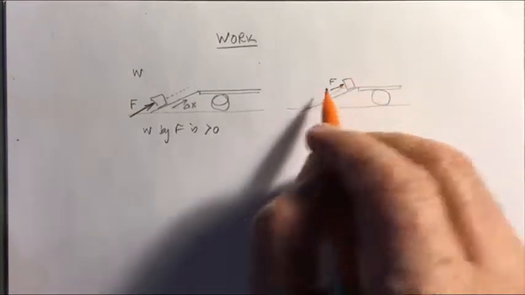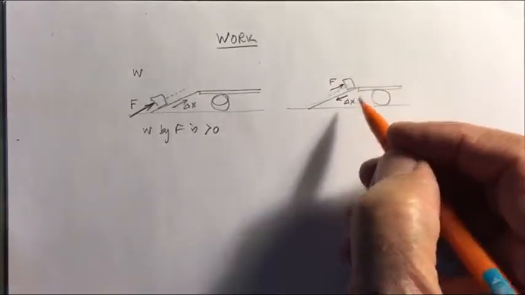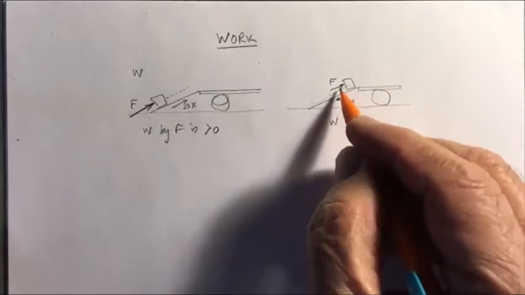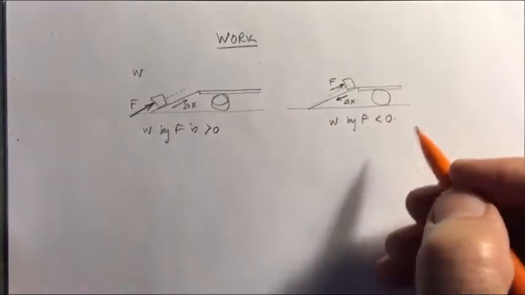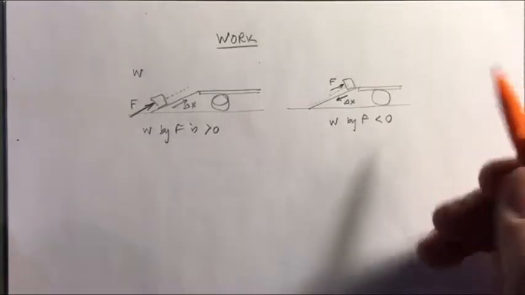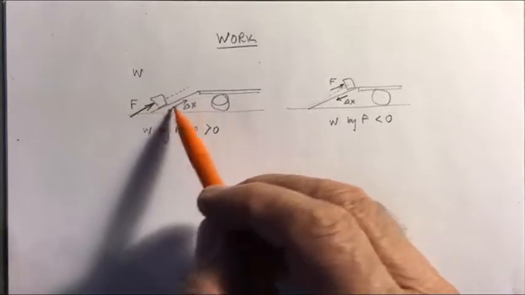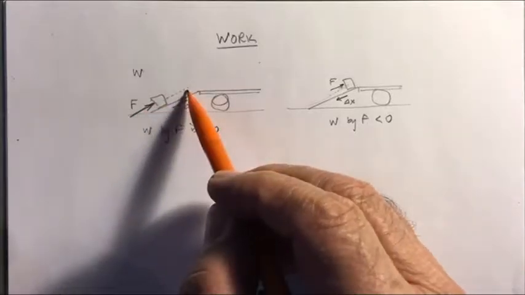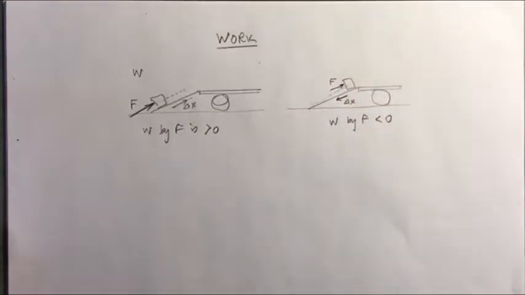So the force is upwards but the displacement is downwards. In this case the work done by the force is less than 0, or it's negative. So work can be positive or negative. It's positive when the displacement is in the same direction as the force, and negative when the displacement is in the opposite direction to the force.